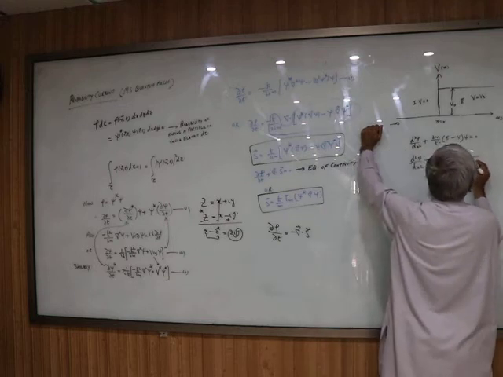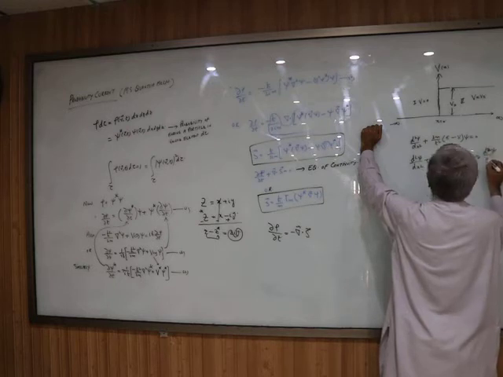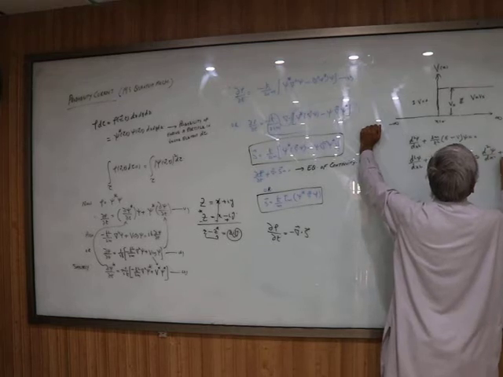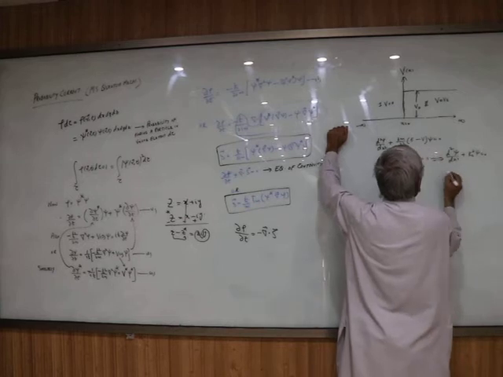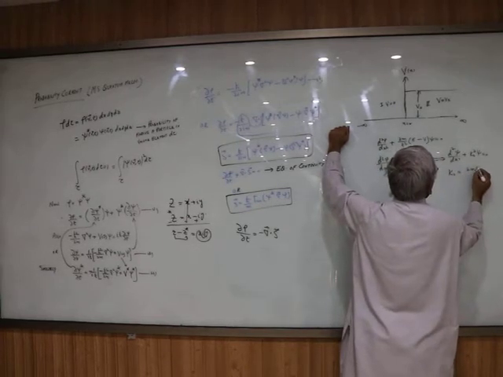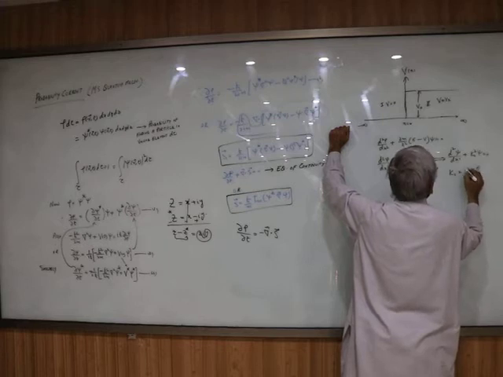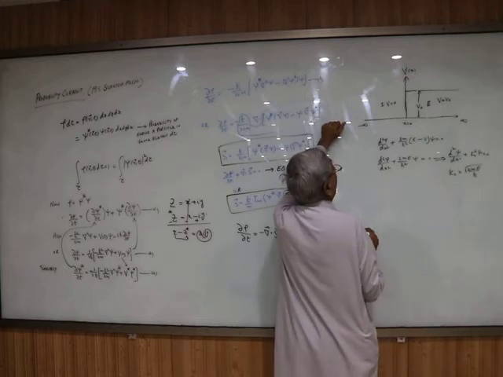And this is further written as d2 psi over dx2 plus k naught square psi is equal to 0, and k naught is square root of 2mE over h bar.